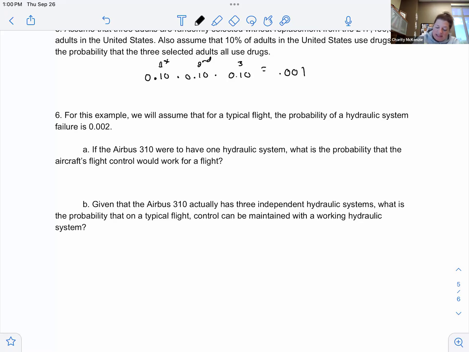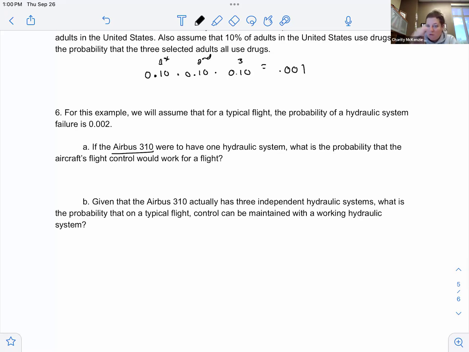If Airbus 310, that's just the name, 310 is not part of the problem, were to have one hydraulic system, what's the probability the flight control would work? So probability of failure is 0.002. We only have one of these. So we could just take 1 minus this 0.002, and that's going to give us our probability of the flight control working, 0.998.